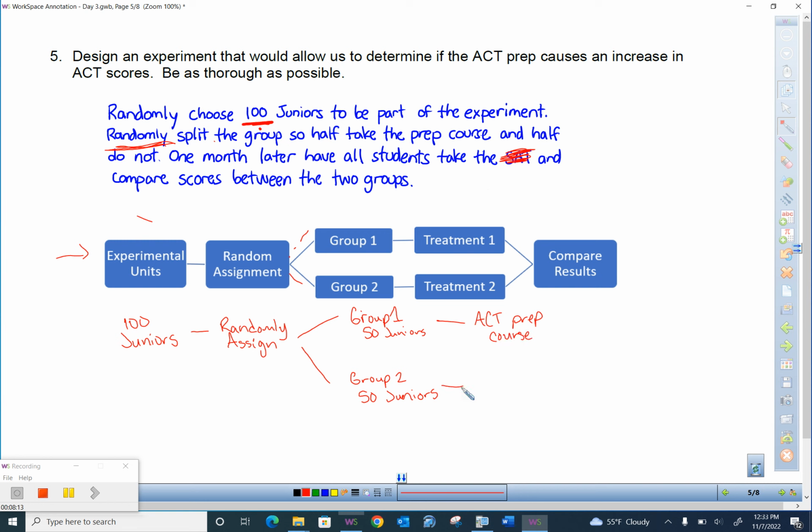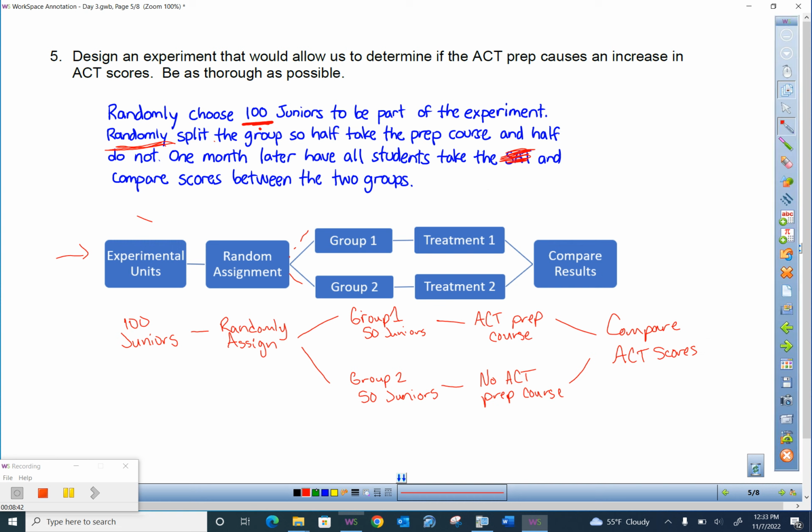And the second one, we're going to apply no ACT prep course, so no treatment. And then after we've done that, we'll compare. In this case, our results are talking about the ACT scores. And that's a basic setup for any experiment.